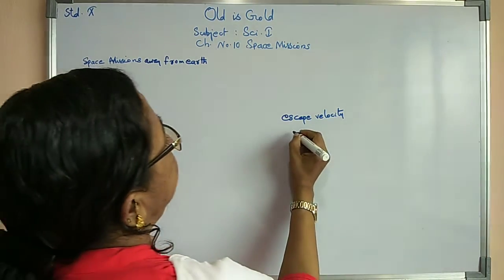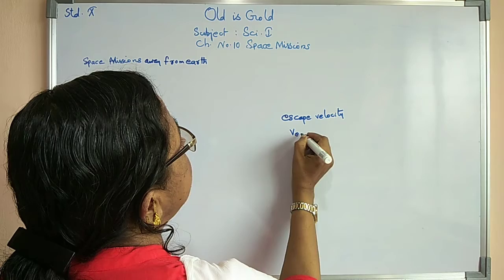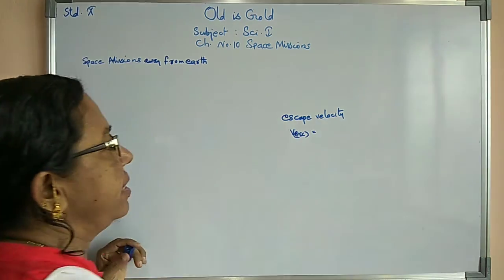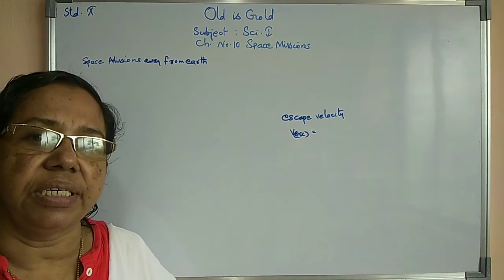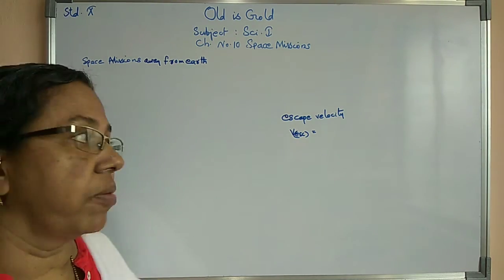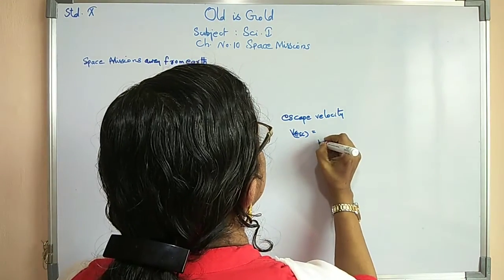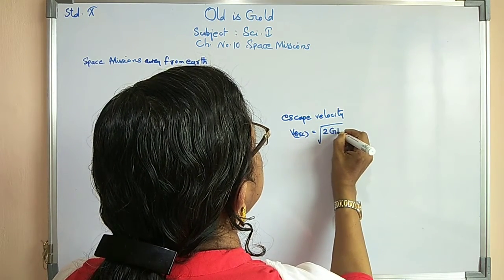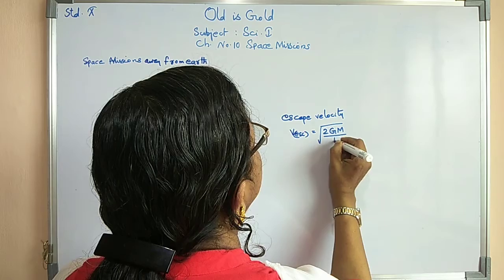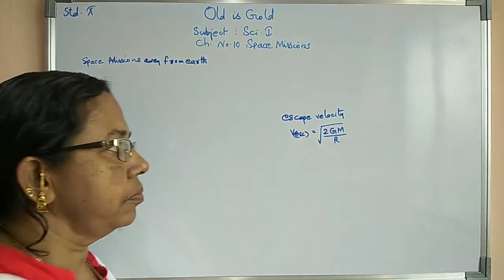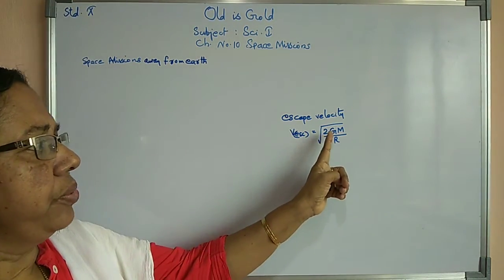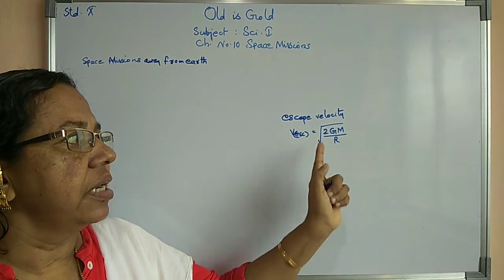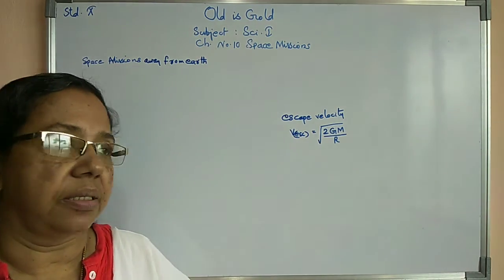Escape velocity we can write as V_esc. For finding this escape velocity, we have to use one formula: V_esc equals square root of 2GM upon R, that is, 2 into G, the gravitational constant, into M, the mass of the earth, upon R, the radius of the earth.